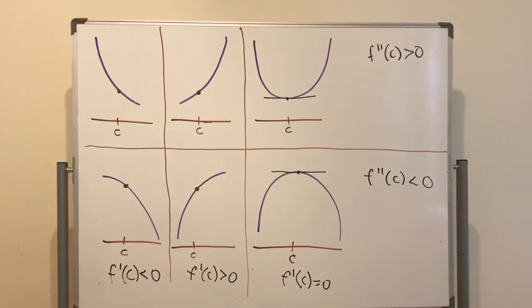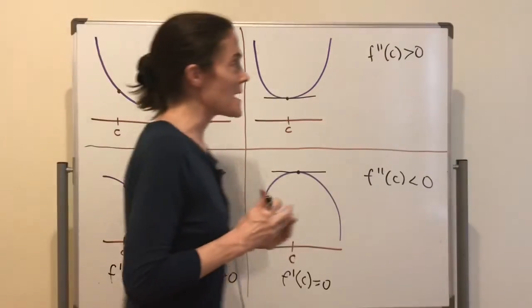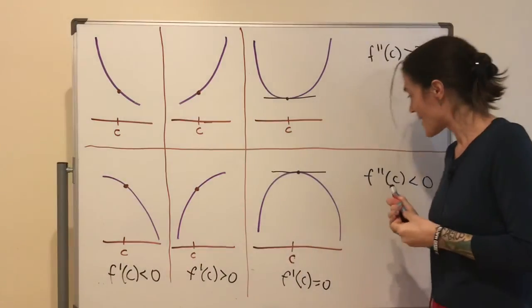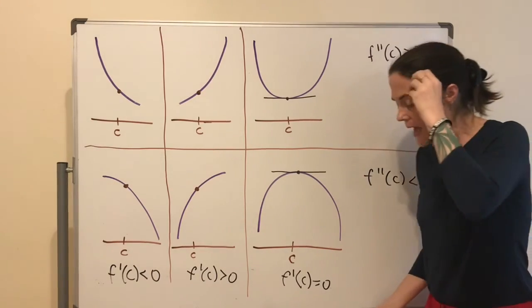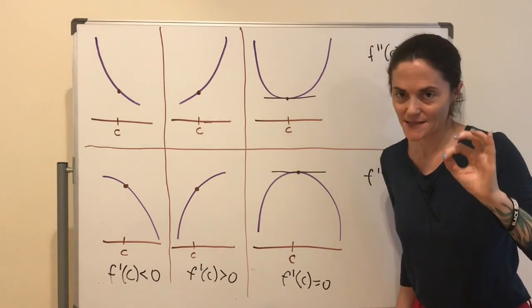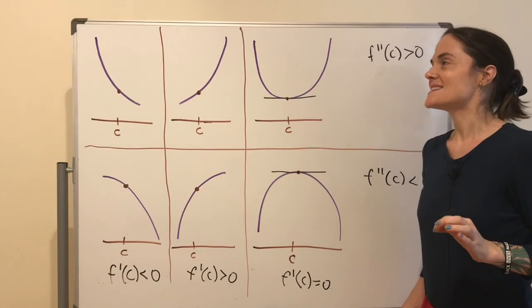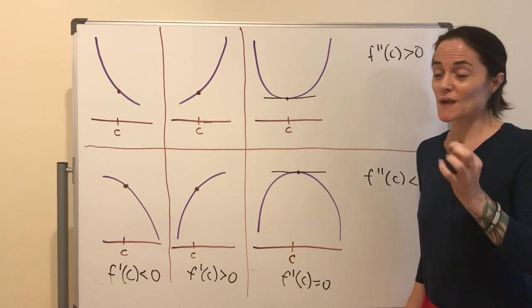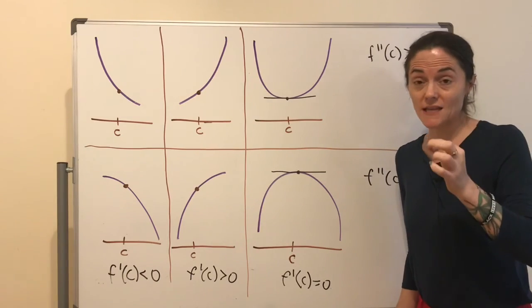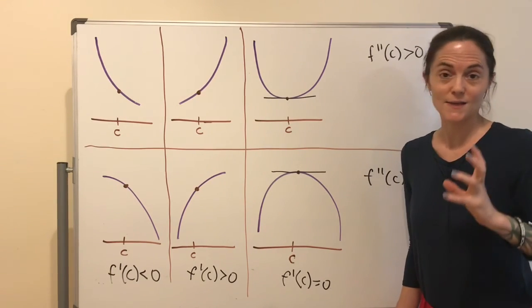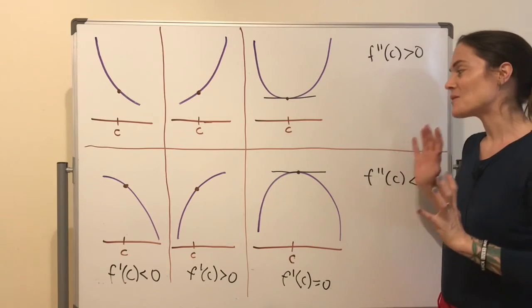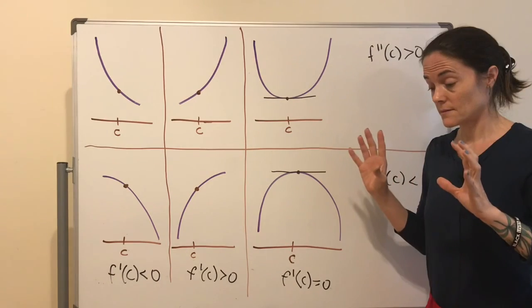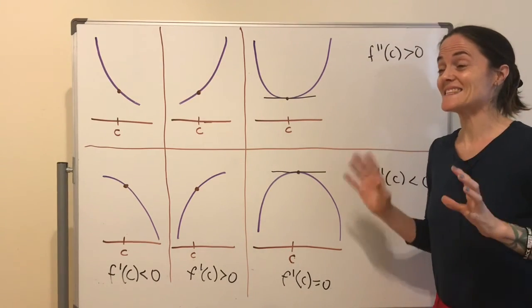Now, let me make a quick comment about this right now. I'm going to come back to this later in the semester because I prefer the first derivative test, which is where we use intervals of increasing and decreasing to figure out if you have a local max or local min. But what you notice here, we have a critical point at c.